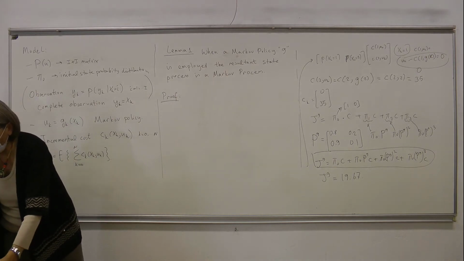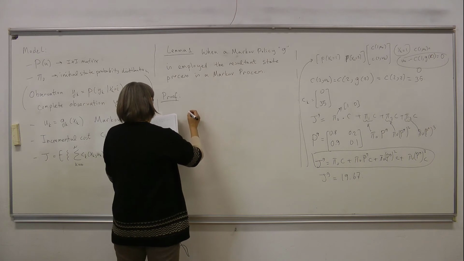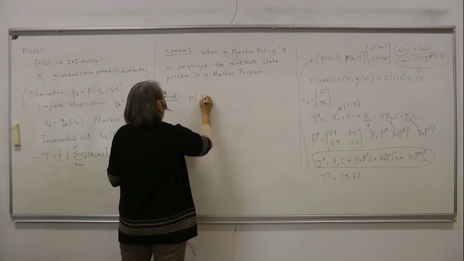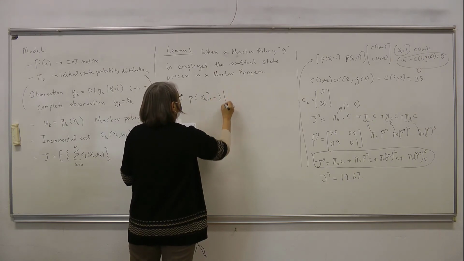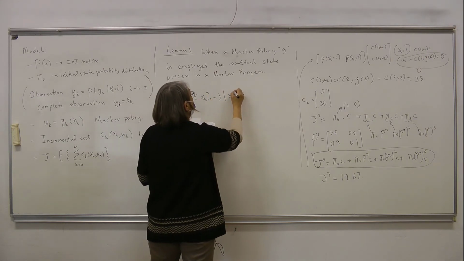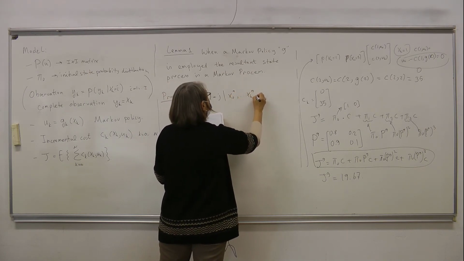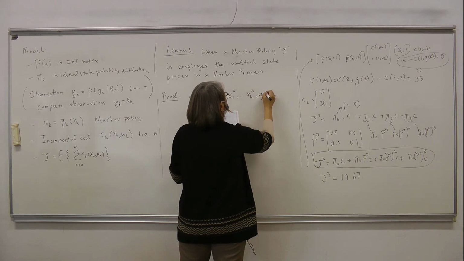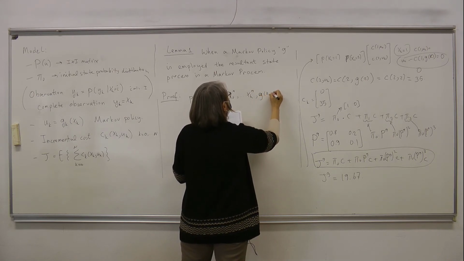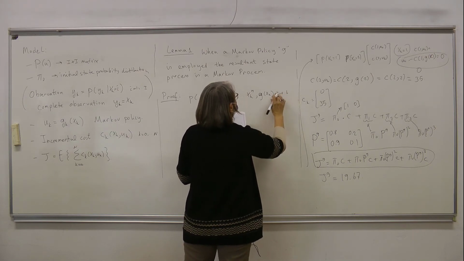In other words, in order to have a Markov process there, we have to look at the probability that x_{k+1}^g is equal to j, given all the past available states up to x_k^g, together with, instead of u, I will write g of x_k for k equals 0 up to k. I'm sorry.